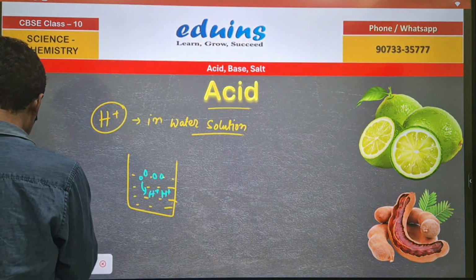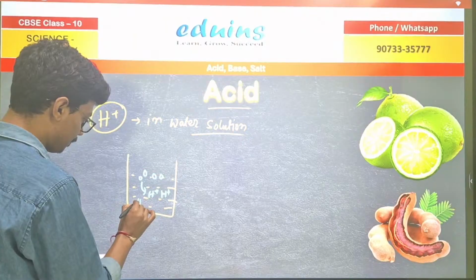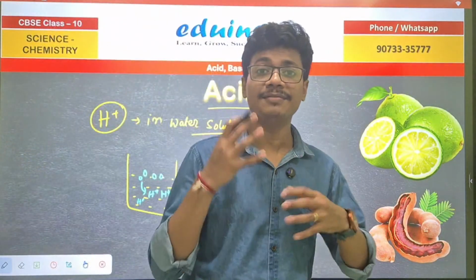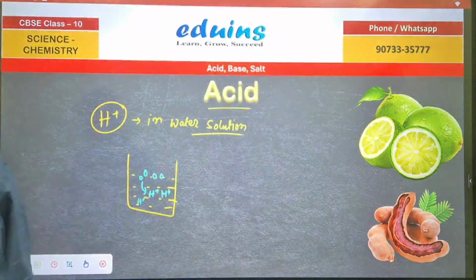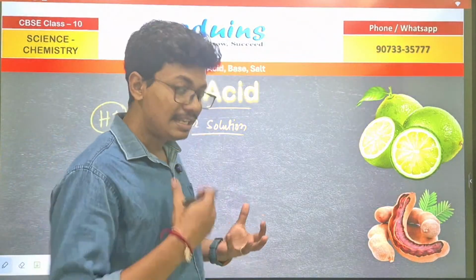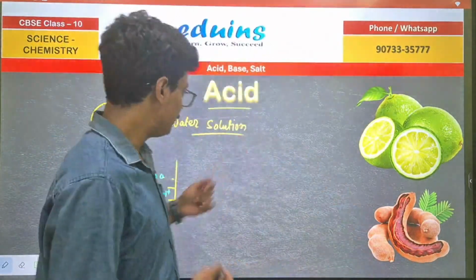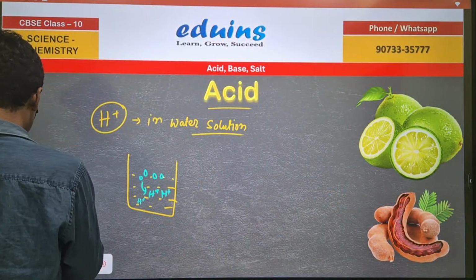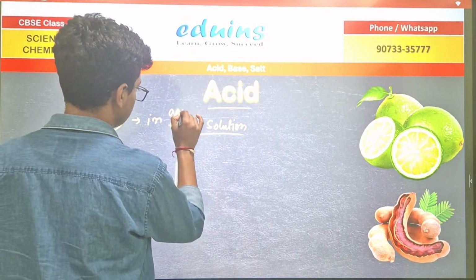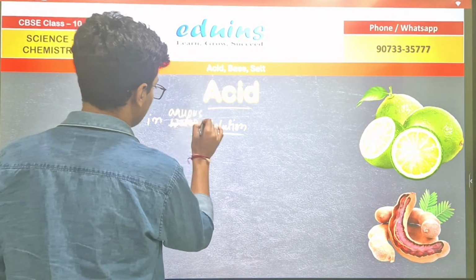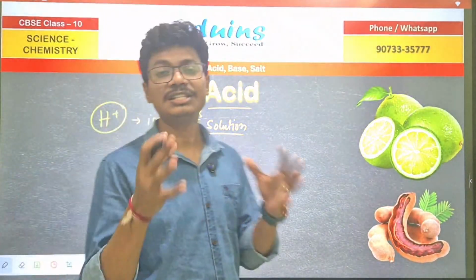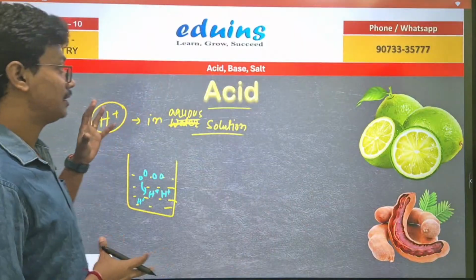This is the main fundamental thing about acid: the acid releases H plus ions in aqueous solution. Better to say in water solution, that is the aqueous solution.